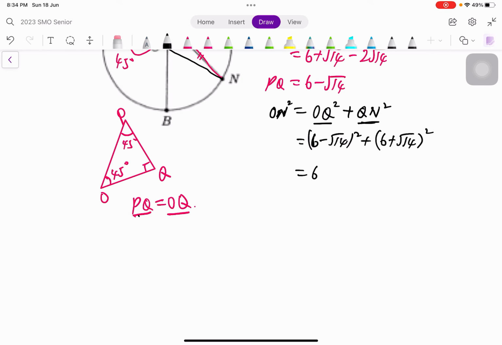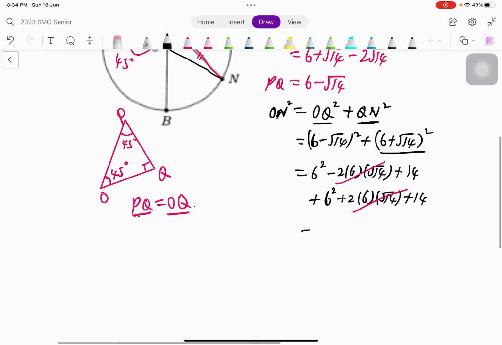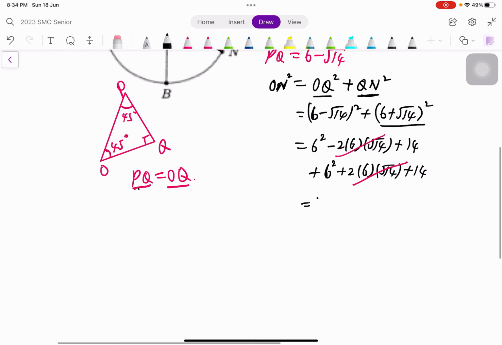That will be 6 squared minus 2 times 6 times square root 14, and then plus 14, right? And then for the second one, this is 6 squared plus 2 times 6 square root 14, and then plus 14. Therefore, you can see for yourself that the middle terms cancel out very nicely. Therefore, what you get here is 72 plus 2 times 14, which is 28. Therefore, the answer here is 100.